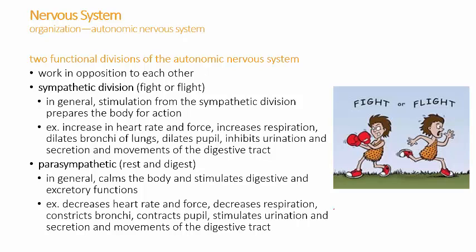And so there in your notes, I gave you a list of some of the opposing effects that we see associated with the sympathetic and parasympathetic divisions. So take a look through those different functions and be ready to understand that.